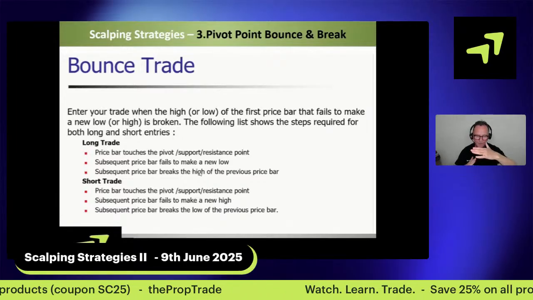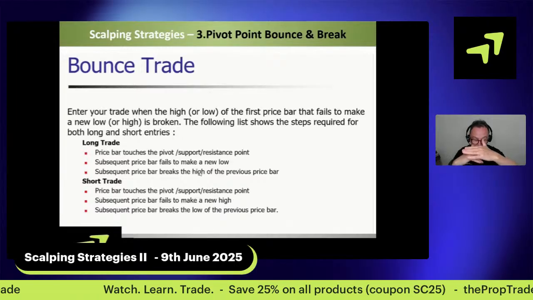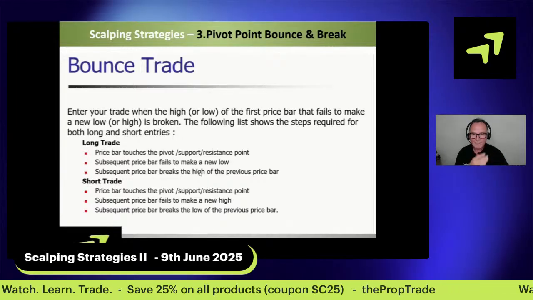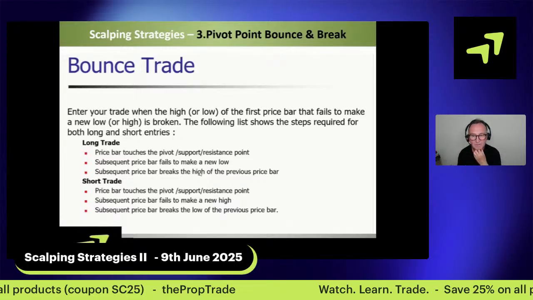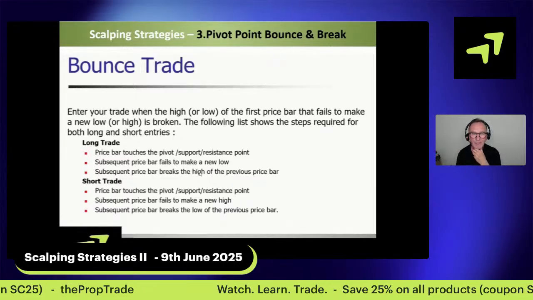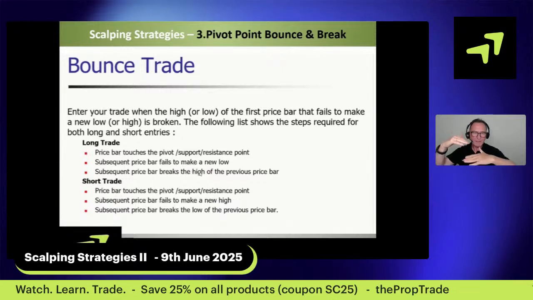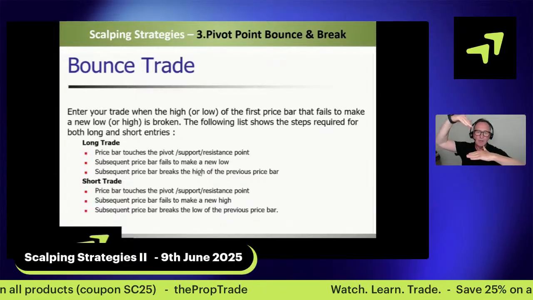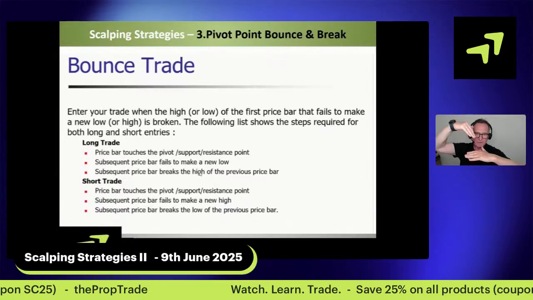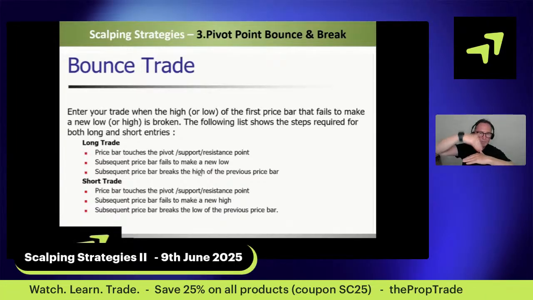Okay, so we go up. We don't go lower than where we've been. We fail to make a new low, and then the next bar makes the high of the previous 2 bars. And so that is a long trade. We've bounced off the line. Okay, so that's a bounce trade. So we've gone down, we've touched it, we didn't go any lower, and we go back up.